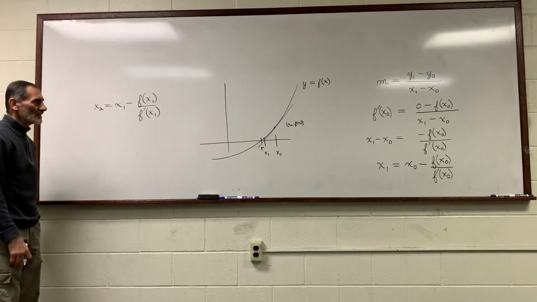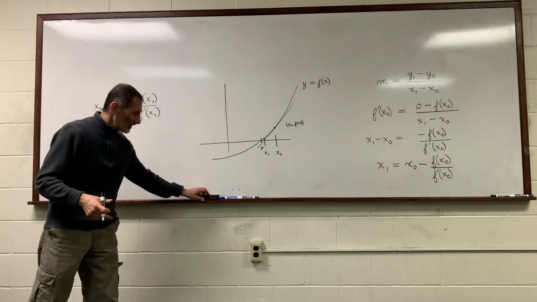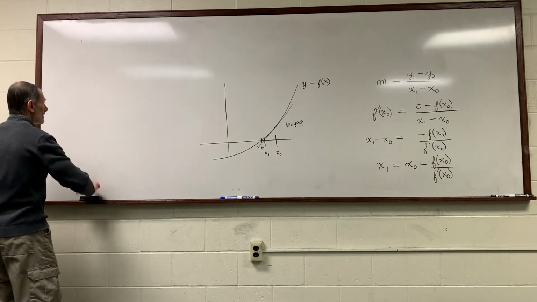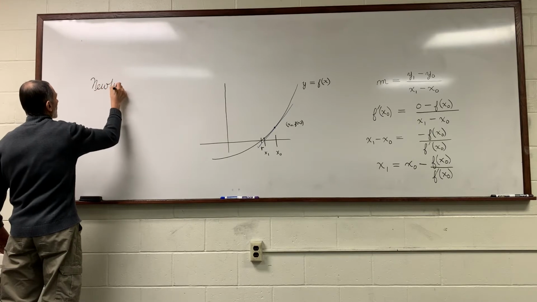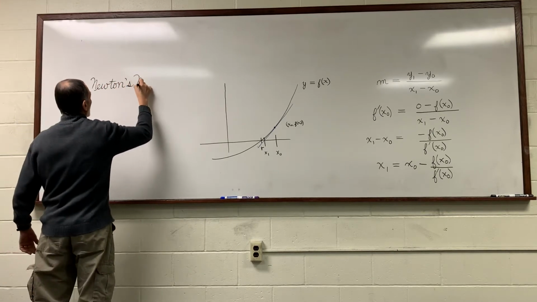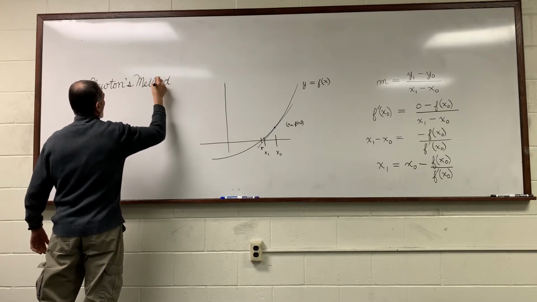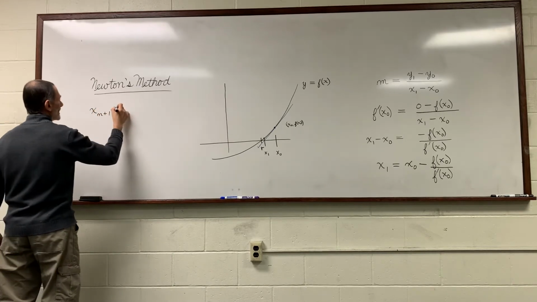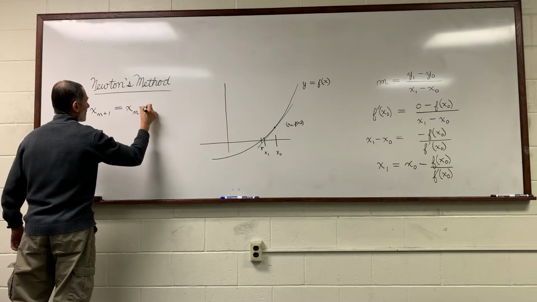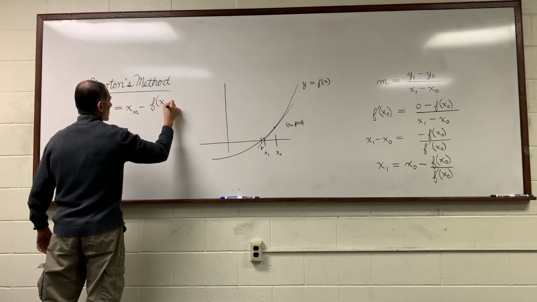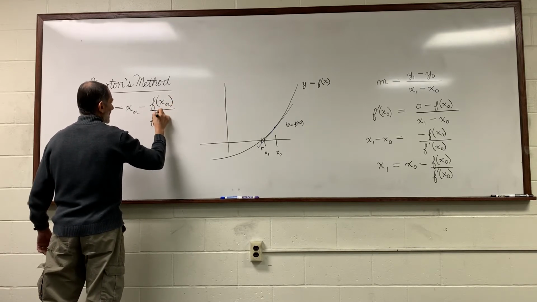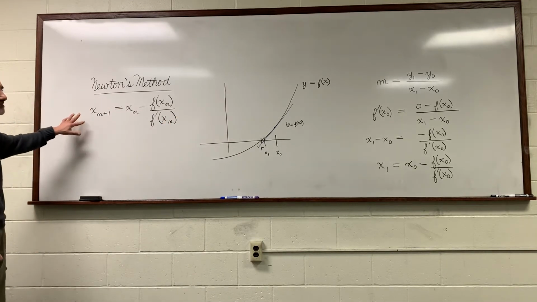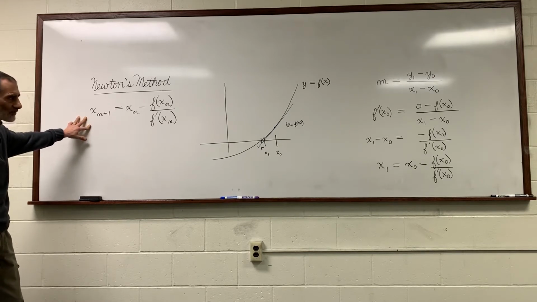And in general, the recursive definition for Newton's method is x sub n plus 1 equals x sub n minus f of x sub n divided by f prime of x sub n.